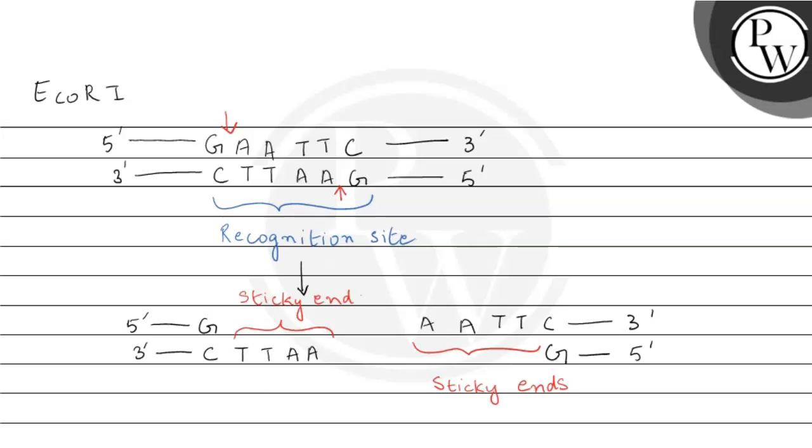So these sticky ends can now be complementary to other sequences and then can bind with other DNA fragments with the help of DNA ligase. So this is how EcoR1, the restriction endonuclease, functions. So EcoR1, we can say that it has an endonuclease activity.